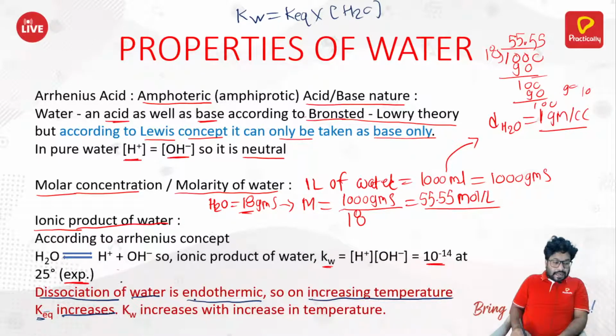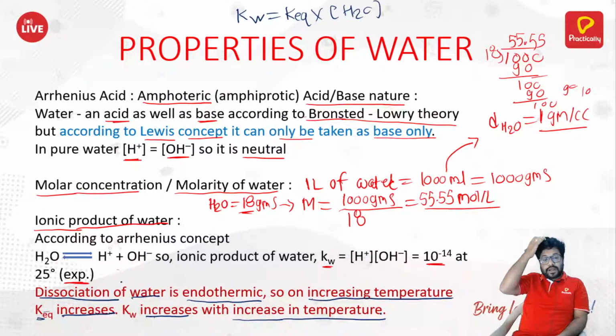So Kw also increases with increasing temperature. That is what the whole funda is about. That means at higher temperature, you will find water to be more dissociated, and at lower temperature, you will find water to be less dissociated.